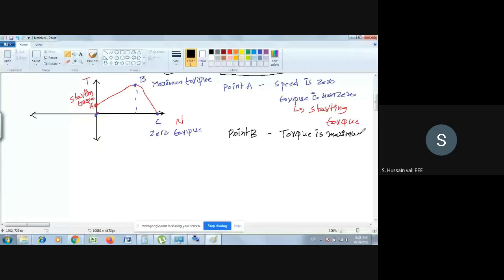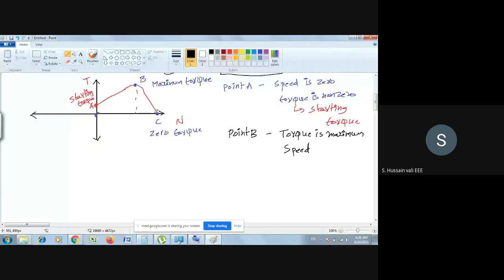Torque is maximum, and now what about the speed here? The speed is zero at A, whereas the speed is maximum at point C, because the graph is not extended beyond that. So we will consider this point as maximum speed.